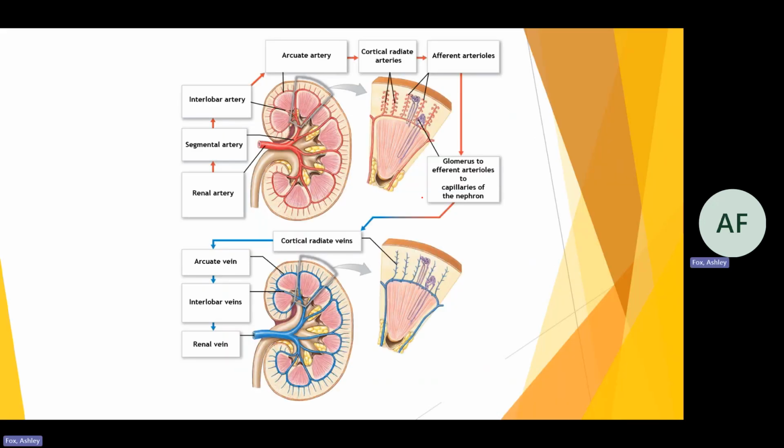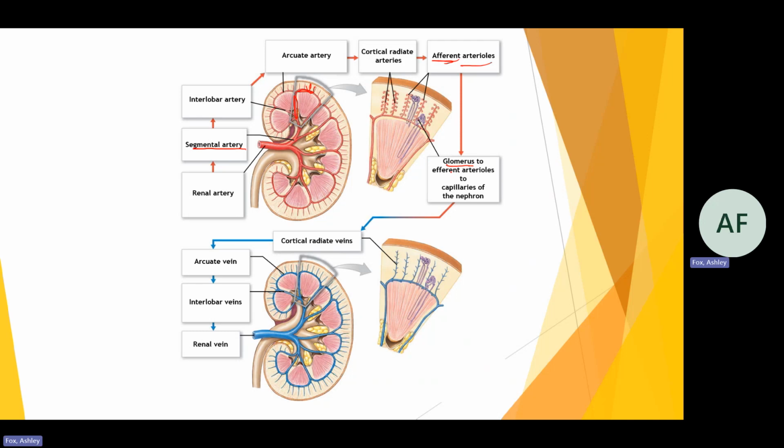So this is just showing you, we have the renal artery. We do have segmental arteries that lead to the interlobar, that go to arcuate, that lead to our cortical radiate. Our cortical radiate give off all the afferent arterioles that lead to the glomerulus.